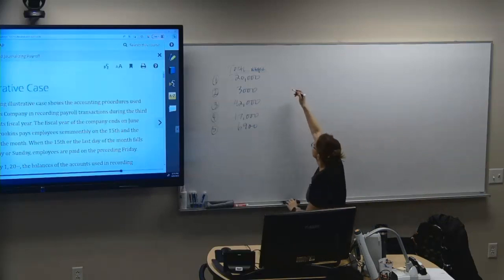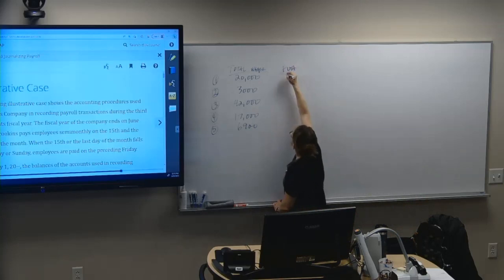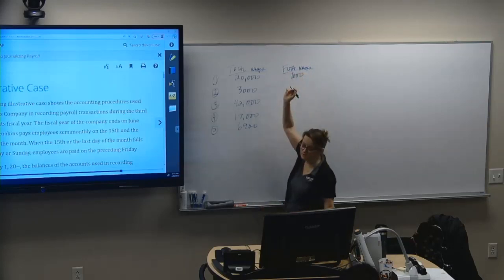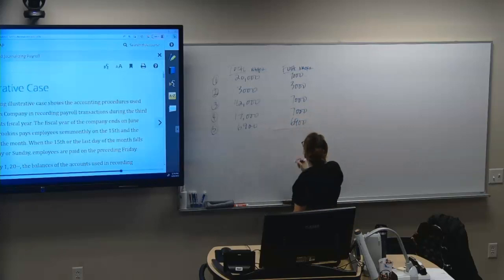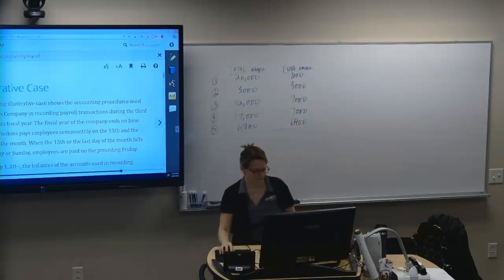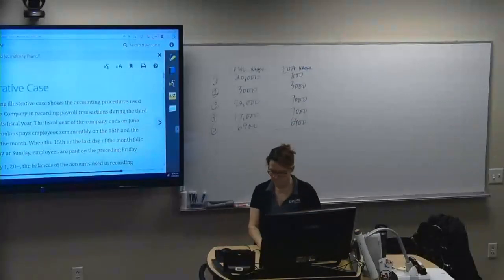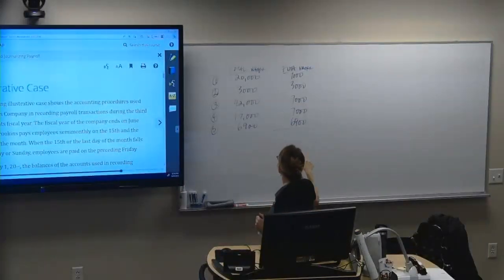So we already know FUTA wages per person are going to be limited to that 7,000. So employee 1 has $7,000. Employee 2 has 3,000. Employee 3, 7,000. Employee 4, 7,000. Employee 5, 6,900. So our total FUTA wages, 21, 24, 24, so 30,900.